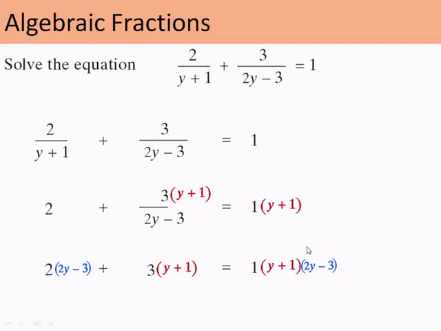But then I've got to multiply everything else by 2y minus 3. Well, that looks complicated, but at least we've got an equation that doesn't have any fractions in it anymore. So we can tidy that up a bit by multiplying these brackets out. And that's what you get. You can check that yourself.